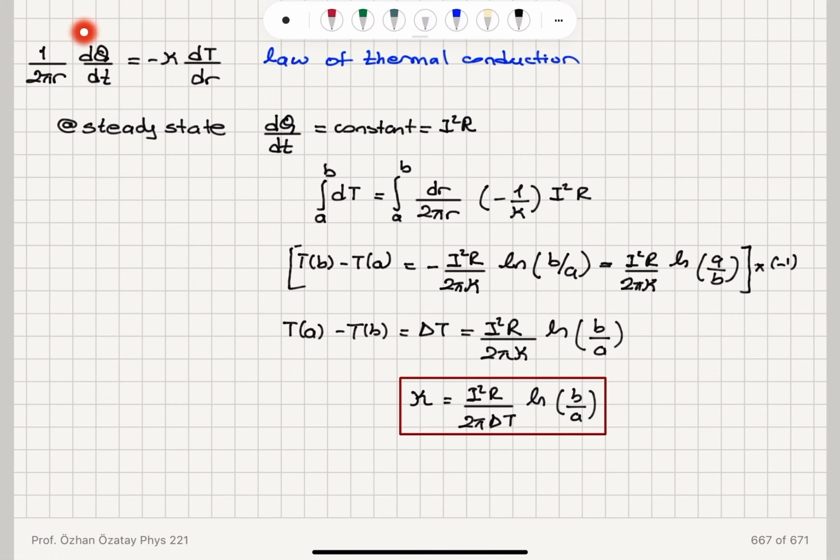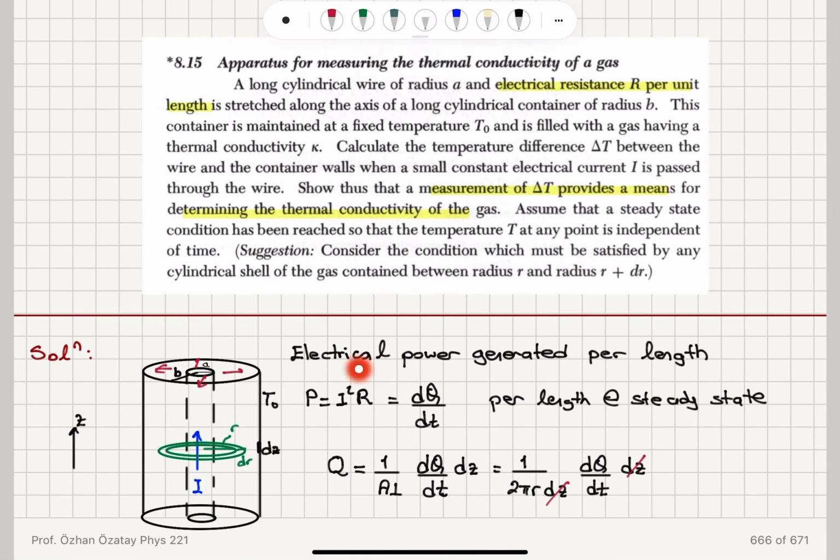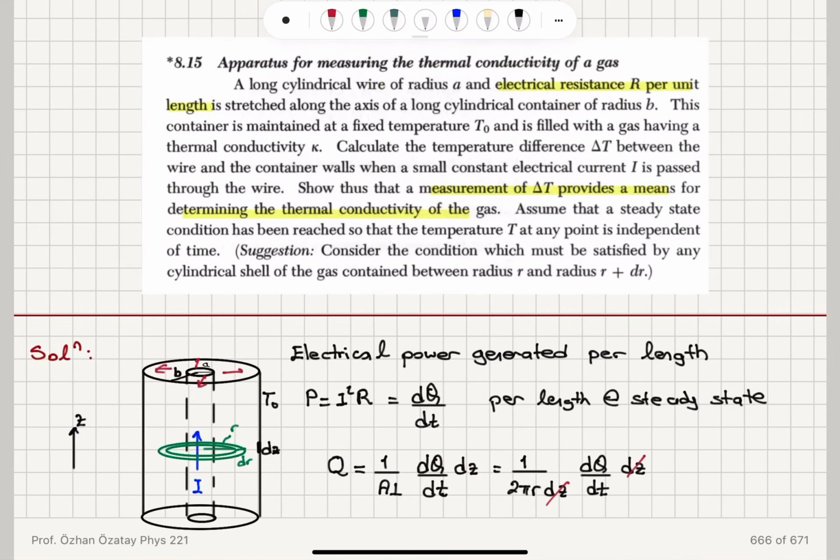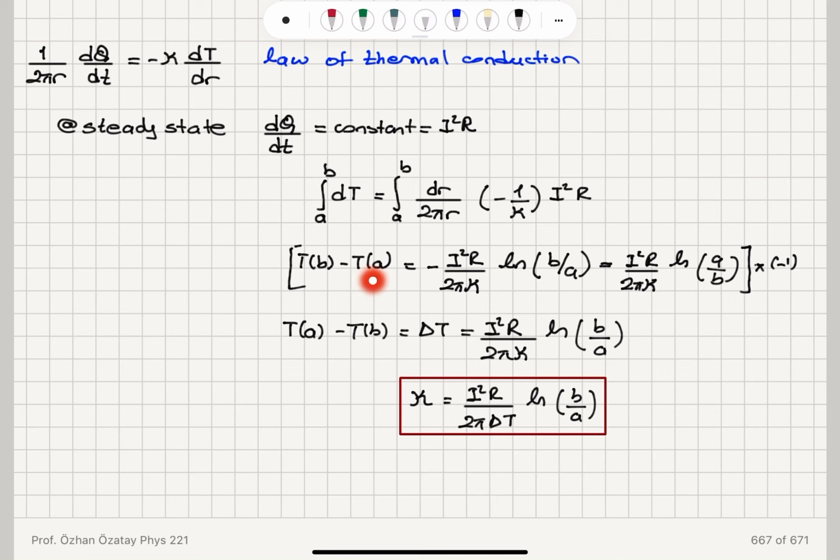And since at steady state dQ/dt is equal to I squared R, I substitute that here, isolate dT and take dr to the left hand side: dr over 2 pi r, minus 1 over kappa I squared R, integral from a to b of dT. This gives me the temperature at B minus the temperature at A, and this gives me the integral of dr over r, which is natural logarithm b over a.